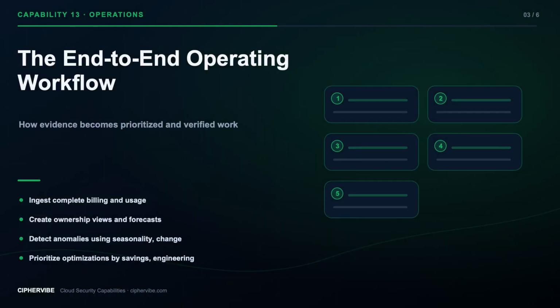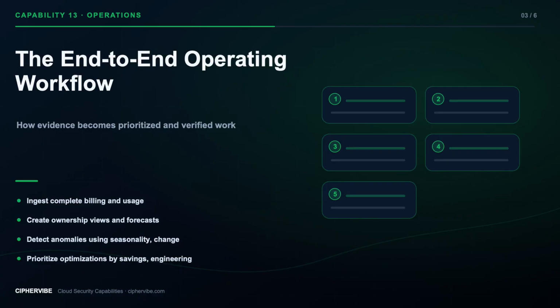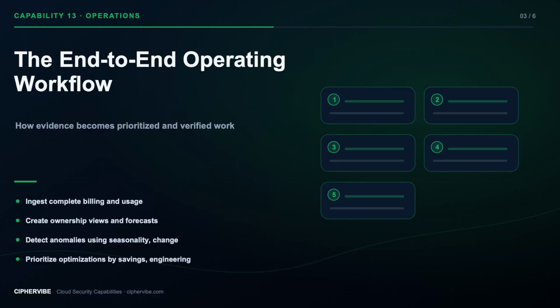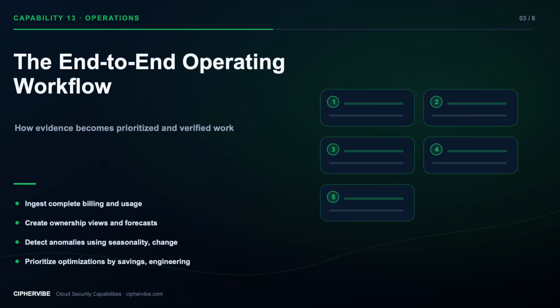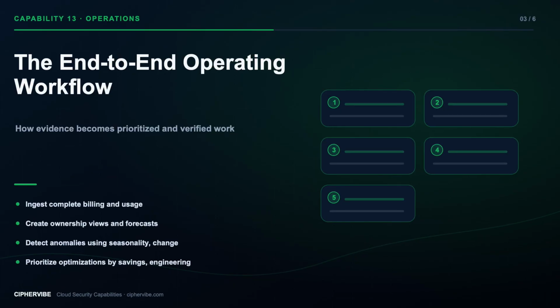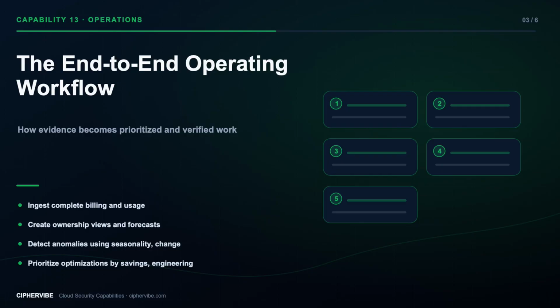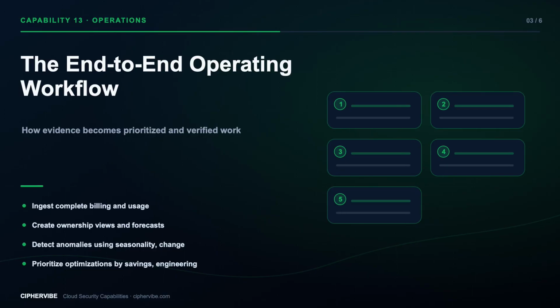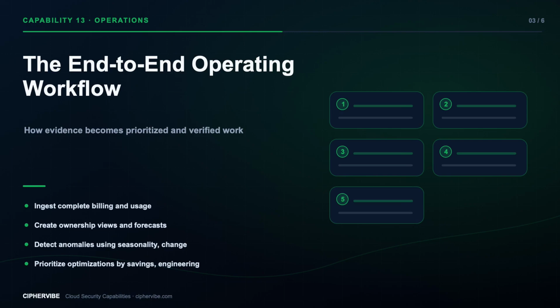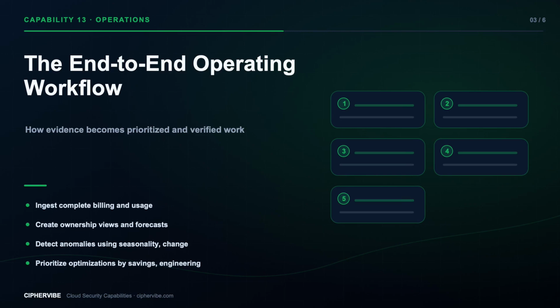A useful operating model for Cloud Cost and FinOps follows a repeatable evidence lifecycle. First, ingest complete billing and usage data, establish allocation rules, and quantify unallocated spend. Second, create ownership views and forecasts that teams can reconcile with deployment and business activity.